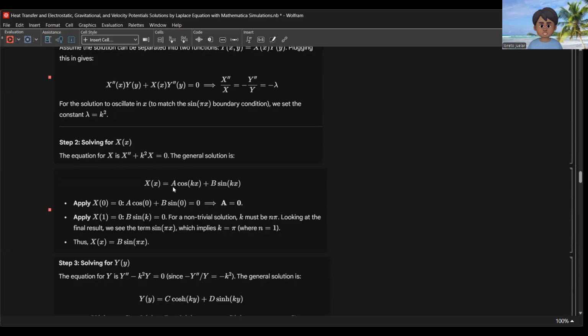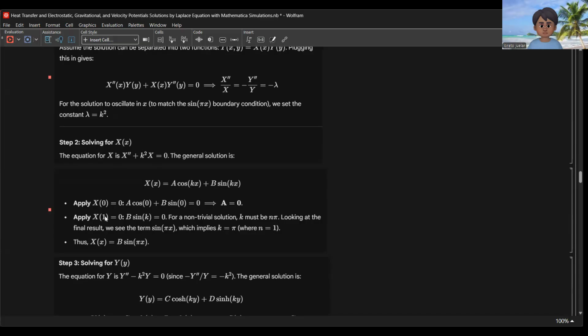the solution here is X of x equal to a cosine kx plus b sine kx. Now we are going to apply the boundary condition here at x equal to 0. So capital X here is also equal to 0. Then we finally have a equal to 0.